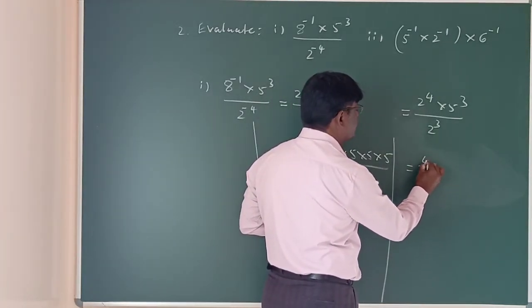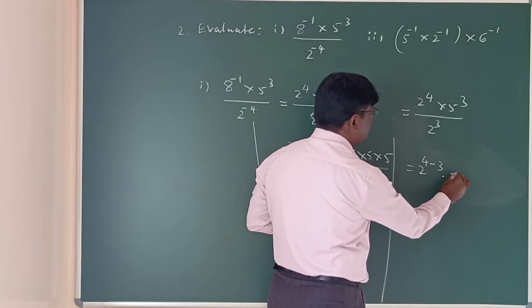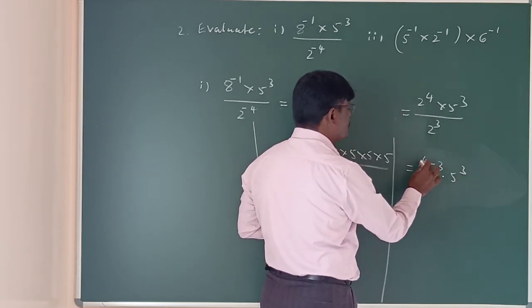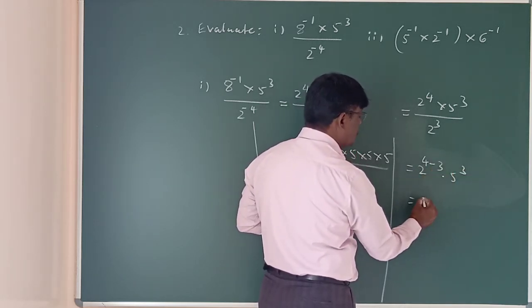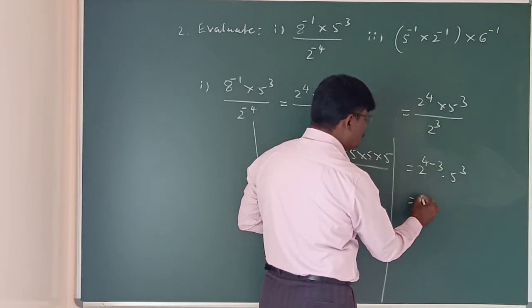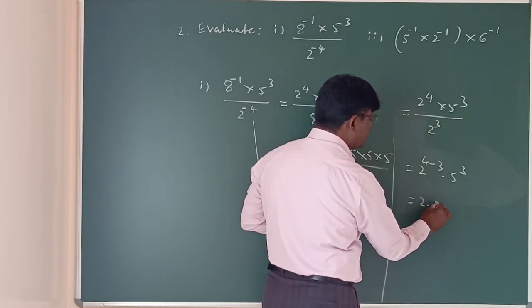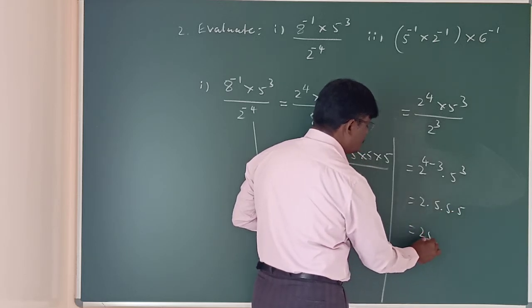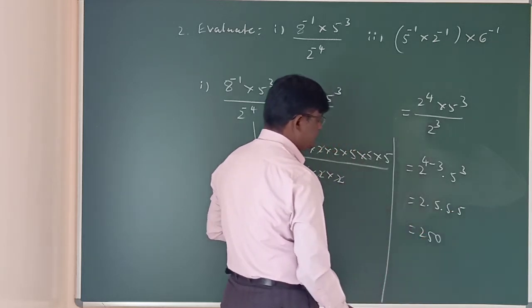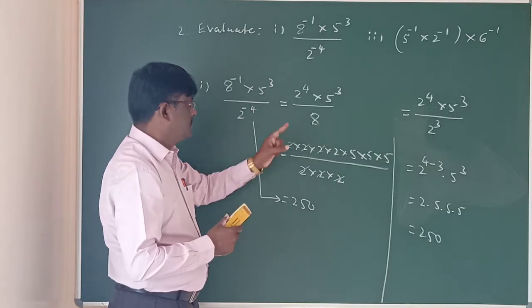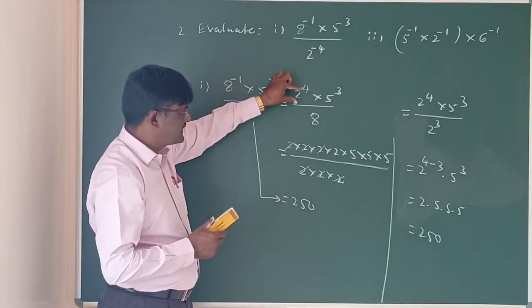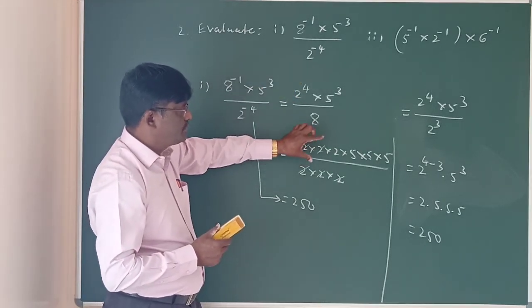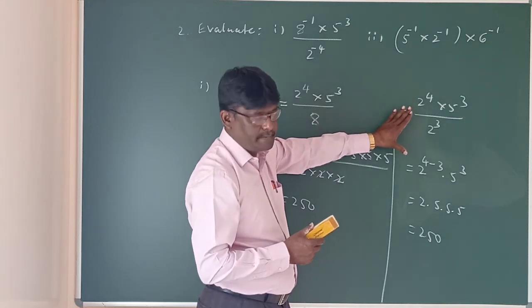M minus n, 4 minus 3 into 5 cube. What is 2 power 4 minus 3? 4 minus 3 is 1. 2 power 1 is 2 into 5 cube. 5 into 5 into 5 gives what? 250. Okay children, so like that also, just by using the expanded form or by using some other form, exponential form.